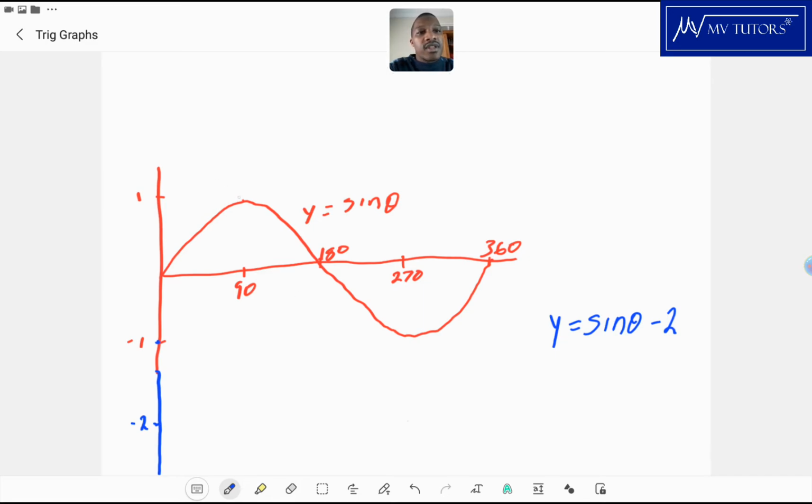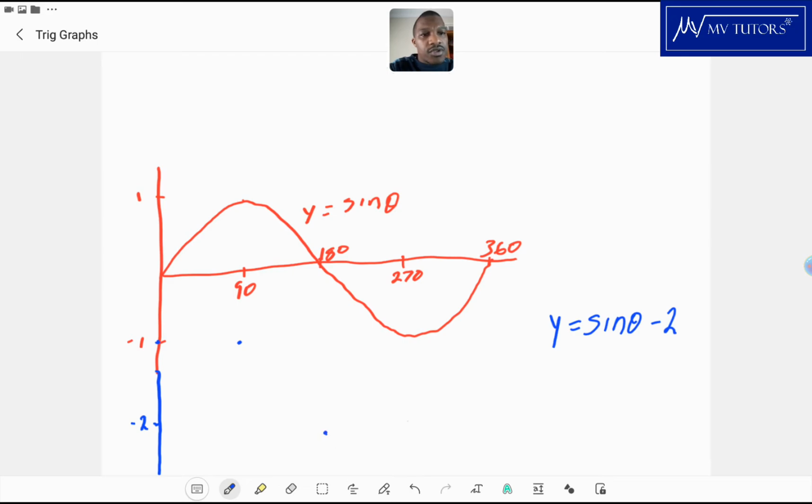And there, the 1 shifts down twice as well, from 0 to minus 1. 180 moves from 0 to minus 1 to minus 2. There.